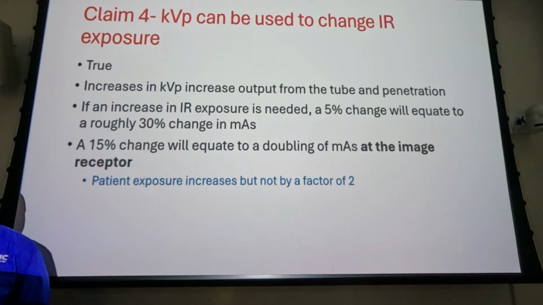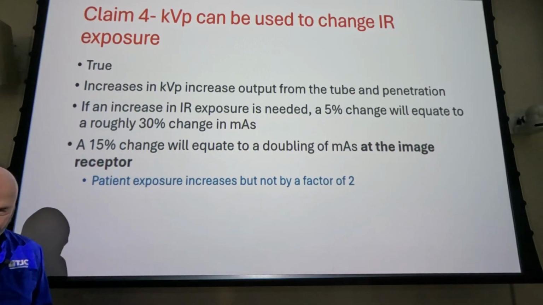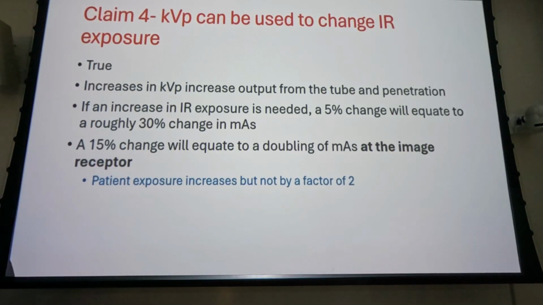So here's the thing. And this is kind of a rabbit trail, but it's worth going down right now. If you have to repeat an exam for either over or under exposure, your starting point for changing your technique is a factor of 2. So if you overexpose a patient, then you need to cut your mass in half, right?